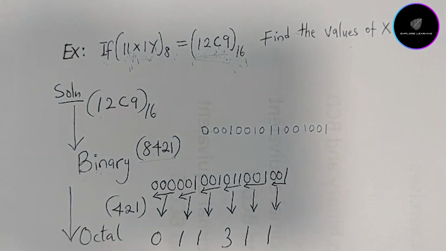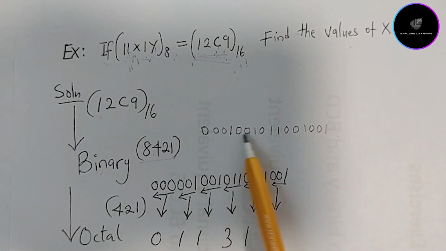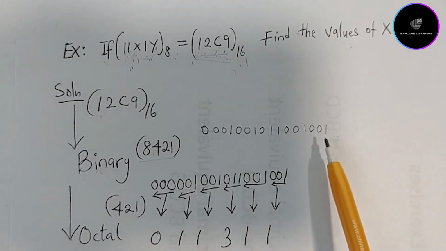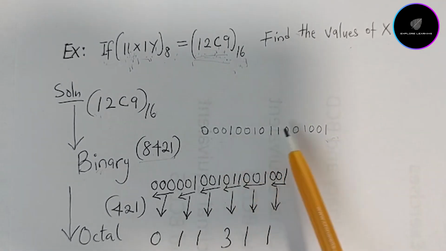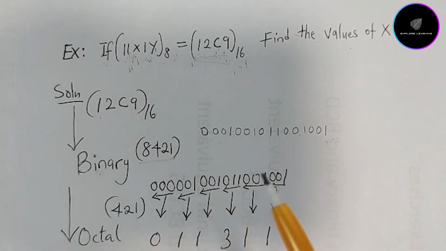Now since we know the equivalent in binary, we need to convert this binary equivalent into the octal number system. For us to do this, we need to use a 3-bit system in order to get the octal number system.